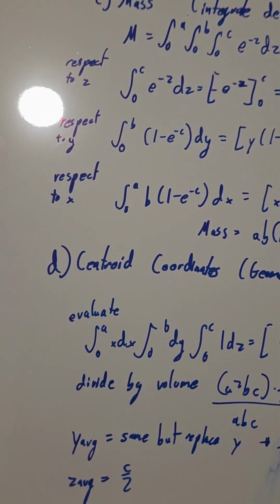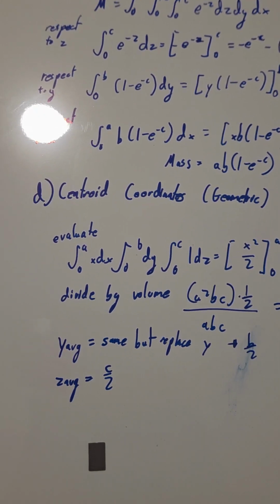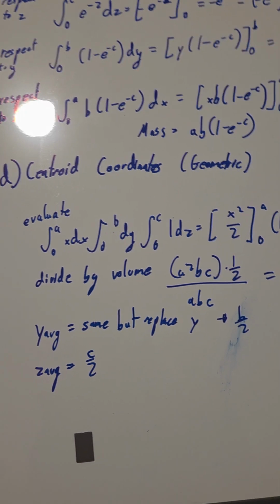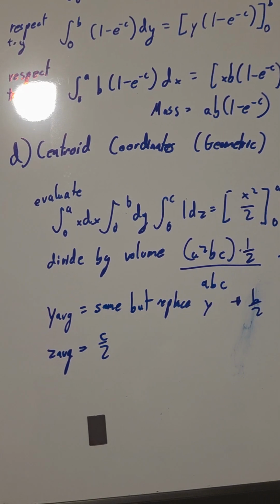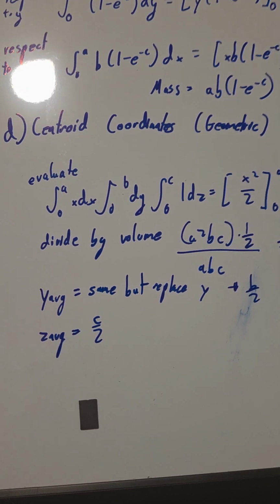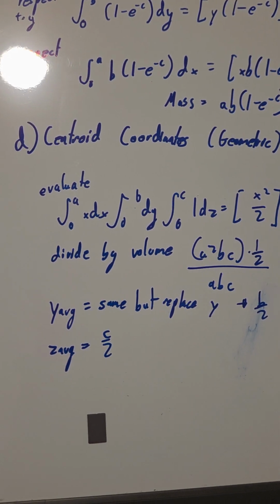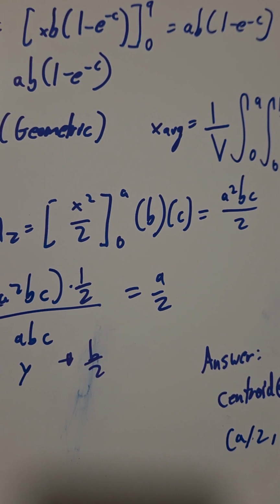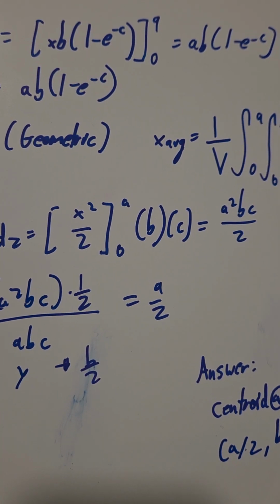And then the final portion of part 1 is to find the centroid coordinates, not the center of mass, but the geometric coordinates. So basically, we're just going to find the average of each coordinate.